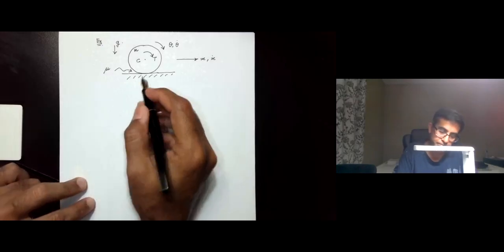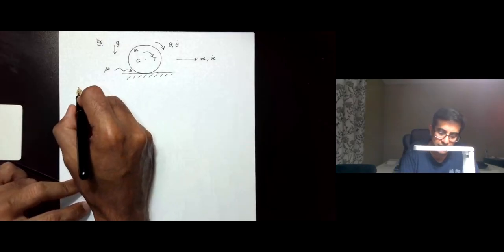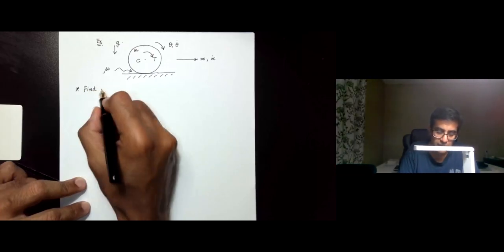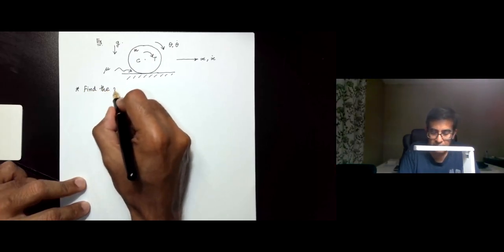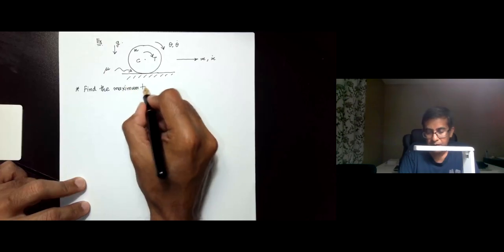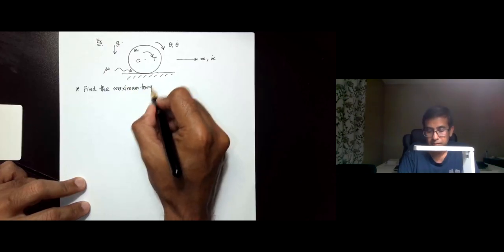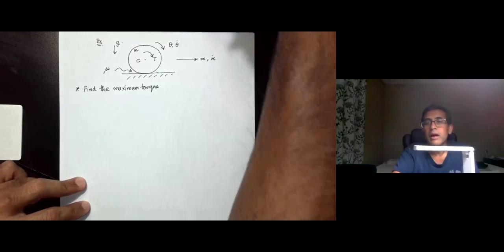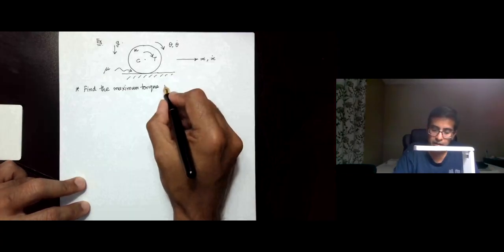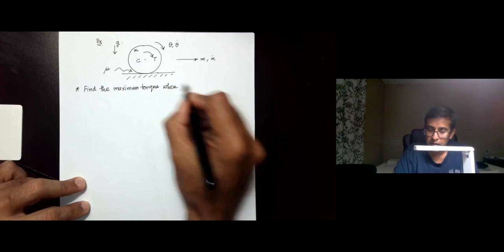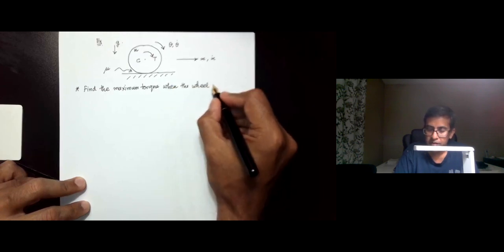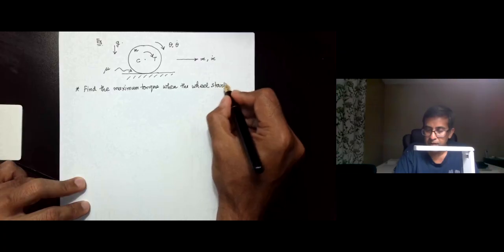So the question then is: find the maximum torque when the wheel starts slipping.